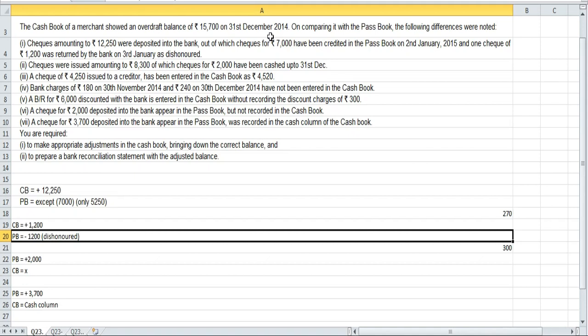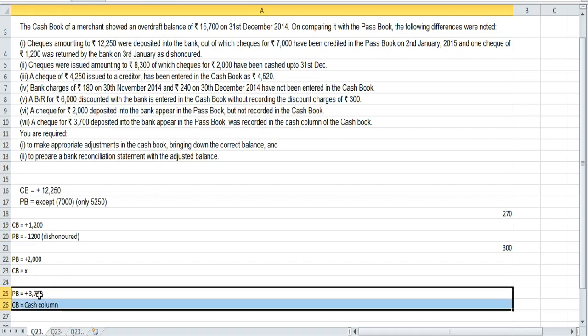Next we have number 2. Checks issued amounting to 8,300, of which checks for 2,000 have been cashed up to 31st December. So the check was issued.